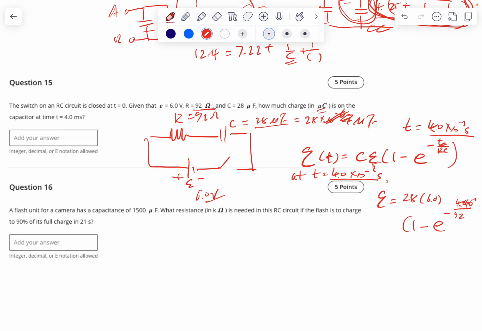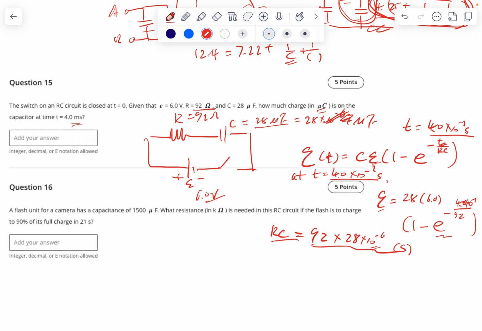So RC here, you have to use 92 times 28 times 10 to the negative 6. Because in this case, the top is milliseconds, negative 3, and the bottom is negative 6. Top is seconds, bottom is seconds, so you can make this e function dimensionless. Okay, so just plug in.